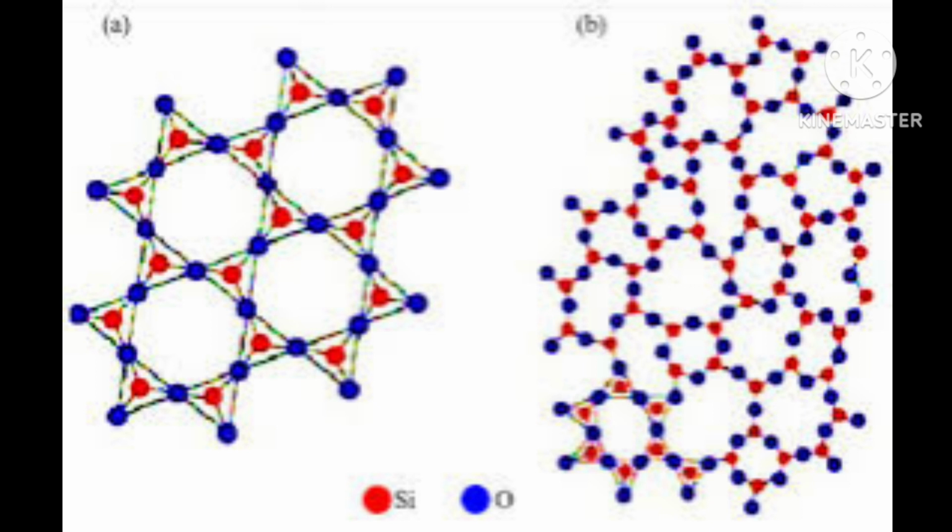First I will tell about the molecular solids. Under molecular solids there are three: non-polar, polar and hydrogen bonded. Then I will tell about the ionic solid, metallic solid and covalent or network solids. Four are there in total.